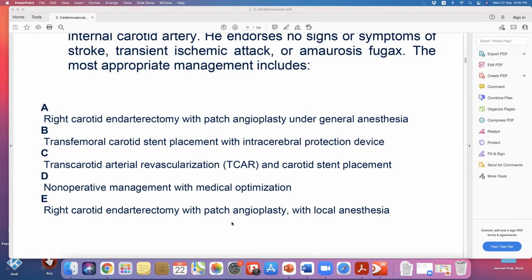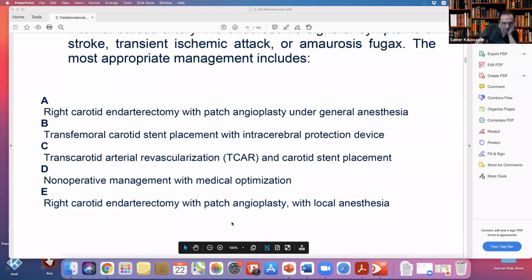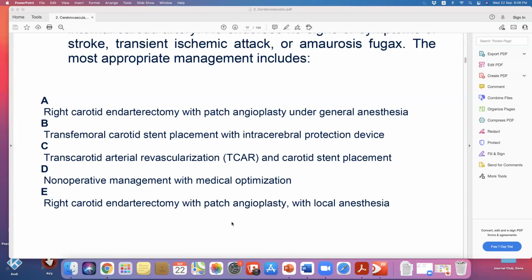Is there any difference in patient selection between local and general anesthesia? No, there's no difference in the guideline. Because if the patient is high risk for general anesthesia, you can do the local, or you can do stenting. In this patient, the problem is not anesthesia, because you can do a stent.